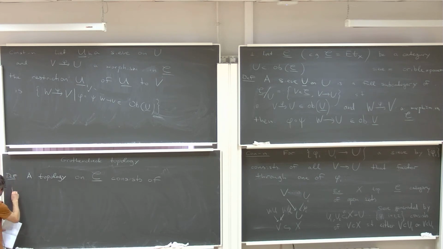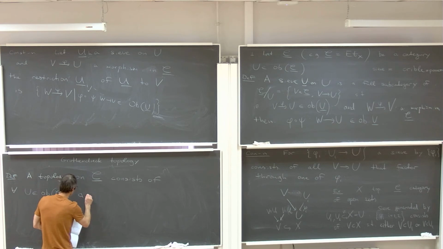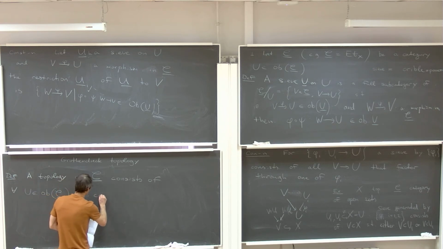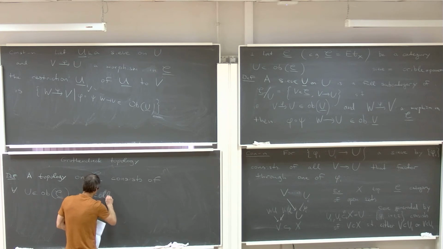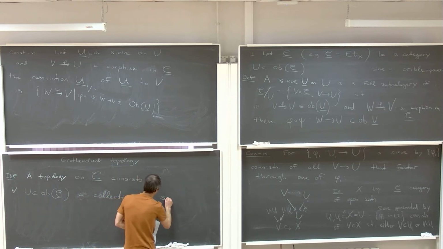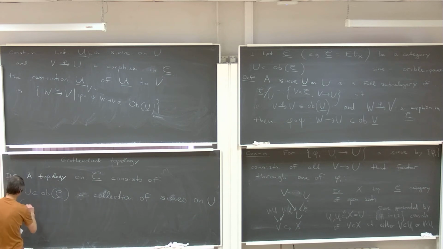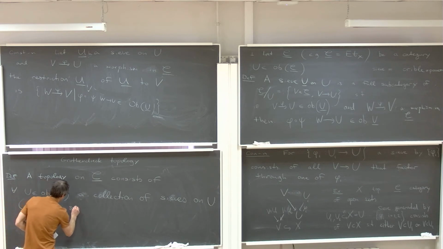For every object U, we should be given a collection of sieves on U, which we call covering sieves.